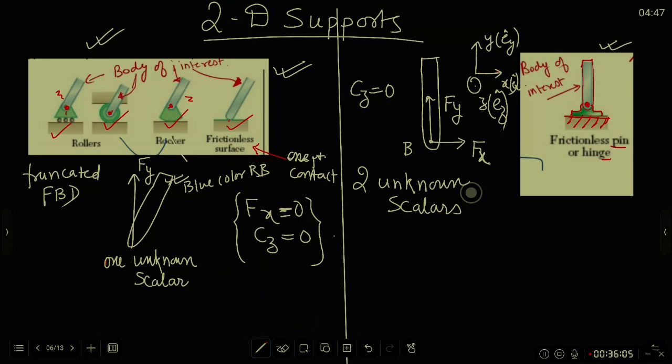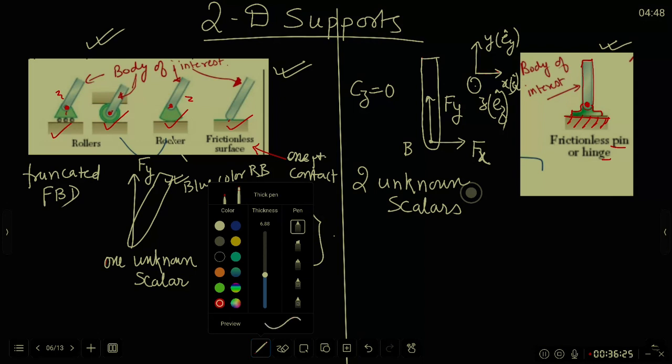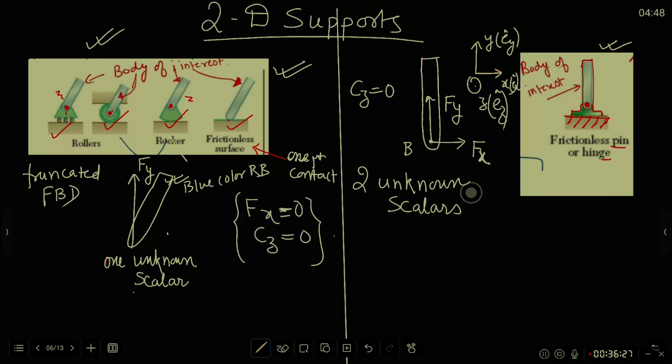But do not make your judgment in that way. These drawings are there to convey only this much, that Fy is non-zero and Fy can actually be less than 0 or greater than 0. Both are acceptable solutions for rollers and rocker.